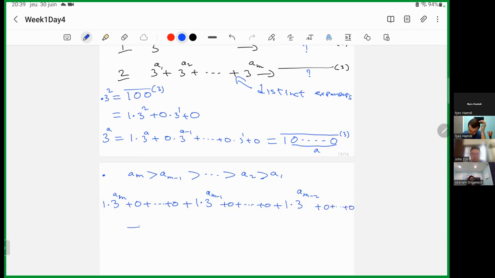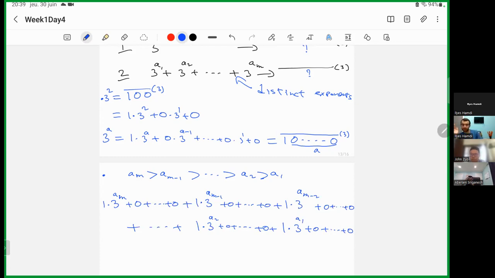So I continue until I get to 1 times 3 to the a_2, another set of zeros, and 1 times 3 to the a_1, and then I stop. So actually I don't stop, because the base 3 expression goes until 3 to the power 1. So actually I continue with a list of zeros. All right.